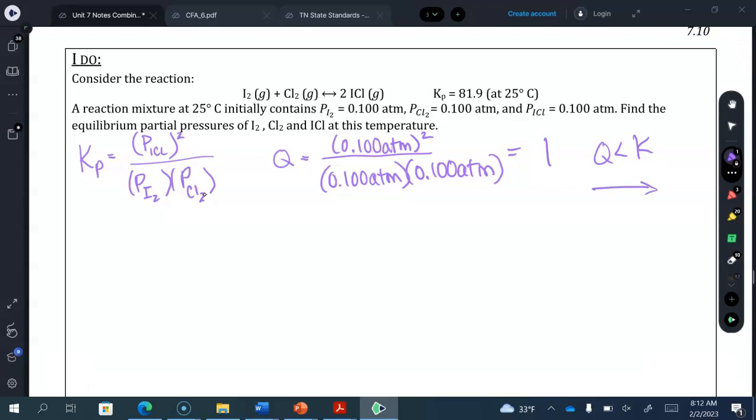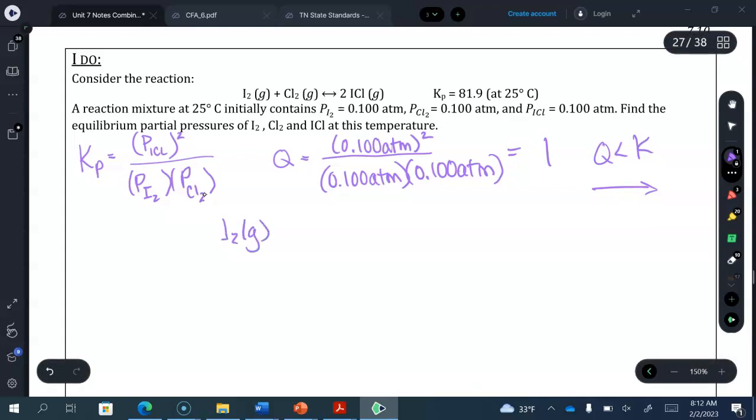Okay, now we're going to take this and set up our ICE table. So rewriting our reaction, and now setting up our ICE table.